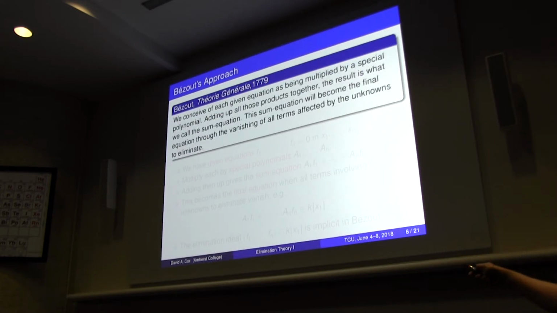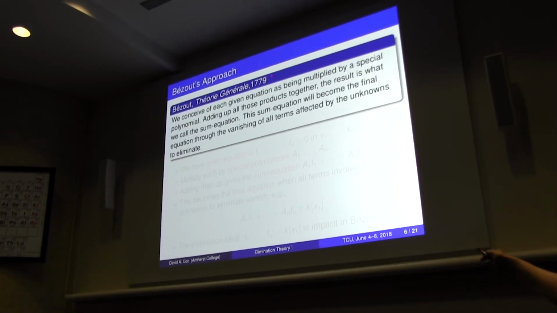And so this is a quote from his book in 1779. So we conceive of each given equation as being multiplied by a special polynomial. Adding up all those products together, the result is what we call the sum equation. The sum equation will become the final equation through the vanishing of all terms affected by the unknowns to eliminate.